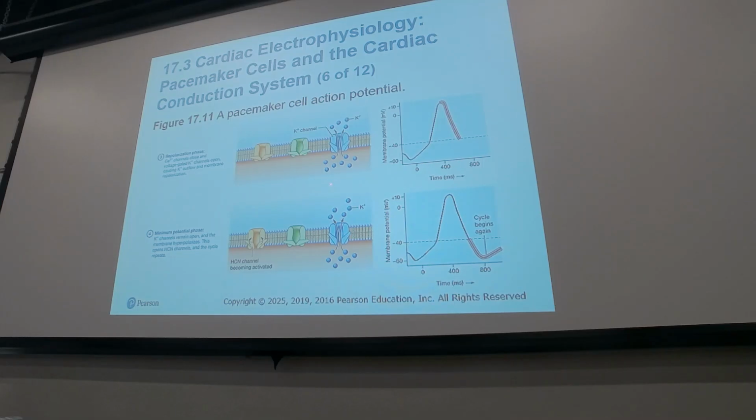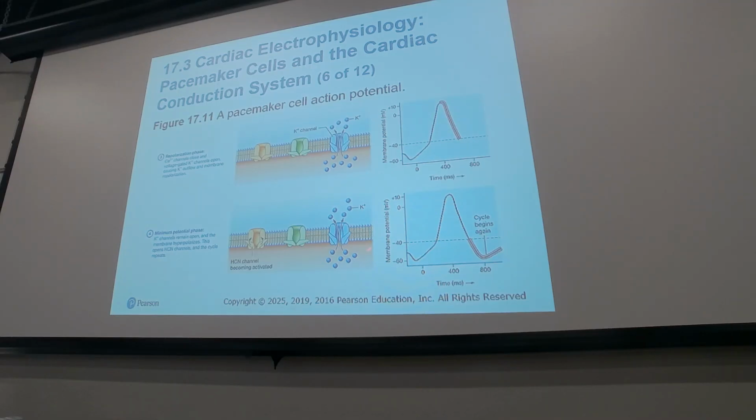So this is the repolarization phase. Your calcium channels close, your HCN channels are also closed, so potassium exits, and you lose positive charges from plus 10, you return to minus 40. If this one remains open, the minimum potential phase, you go from minus 40 to minus 60, sometimes up to minus 70, minus 80.